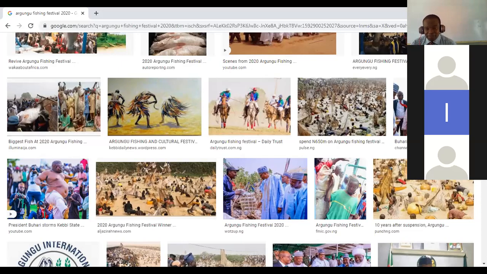The third difference, the small scale fishing catch a small volume of fish. That's why they are called small scale. Whereas the large scale fishing, they catch a large volume of fish. So number 4, fishes are consumed locally for small scale fishing. What that means is this: when those fishermen come back, most of them don't have a storage system.